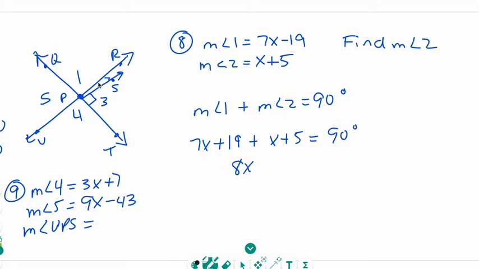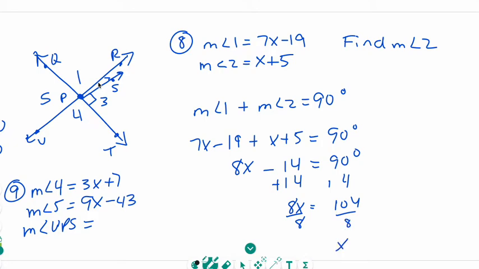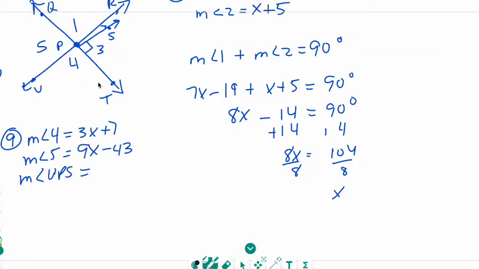8x plus 24 minus 19, which is going to give us 8x plus 5... actually, 8x plus 24 is equal to 90 degrees. Zero pair out the 24. 8x is equal to 104. Divide by 8, divide by 8. Get our x over here on the right side. X is equal to 13.